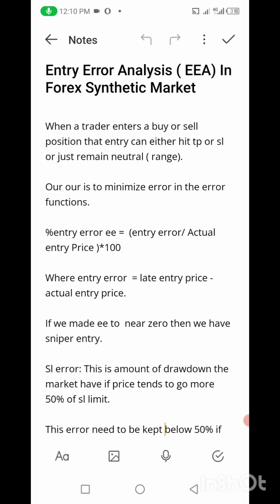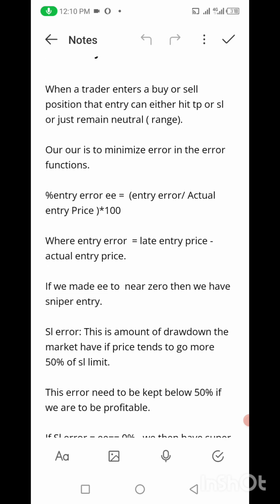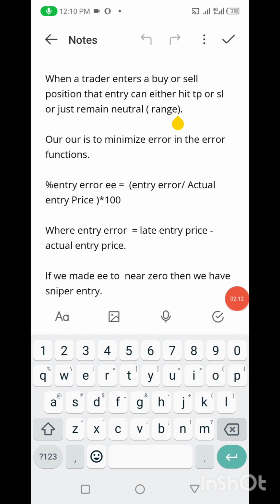So I'm gonna read this. When a trader enters a buy or sell position, that entry can either hit take profit or stop loss, or just remain neutral, that is ranging. So we continue reading. Our aim or our objective is to minimize error in the error functions.